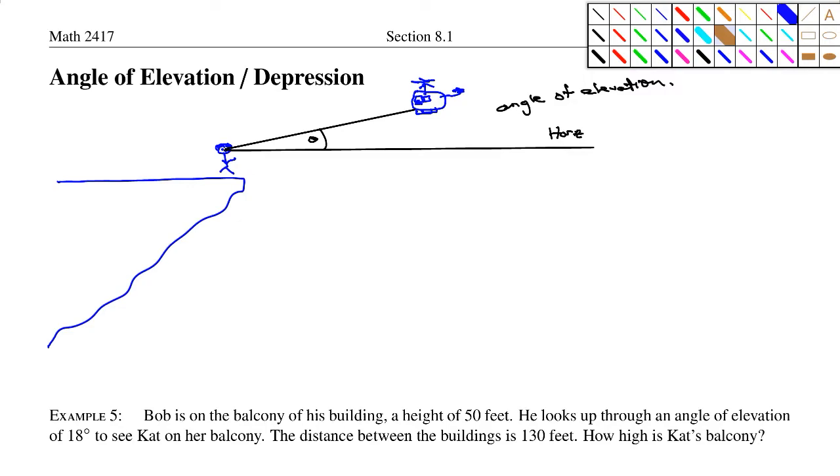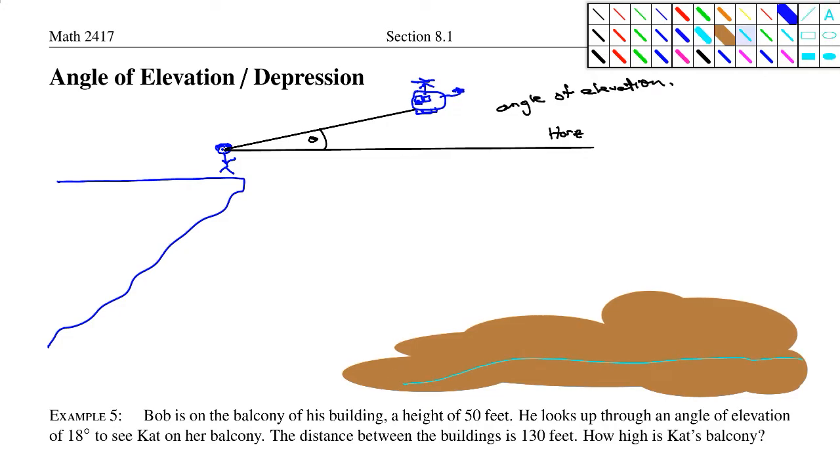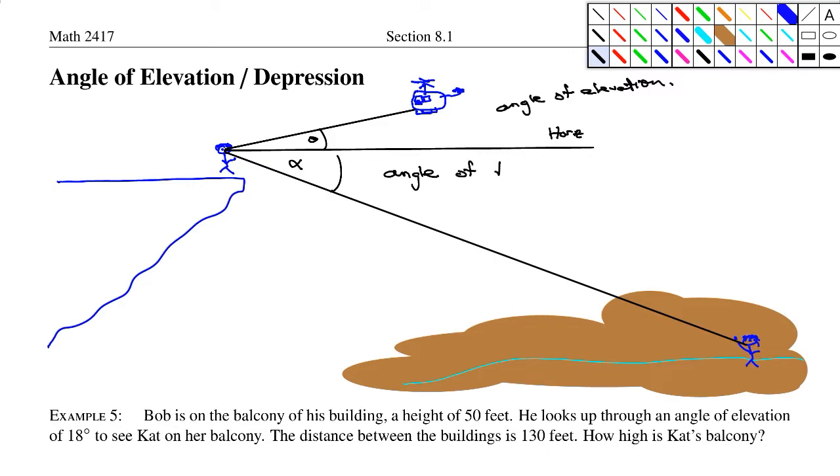And then let's suppose that the same guy sees his friend down below by a river. Then the angle that he sees her with respect to the horizontal, call this an alpha maybe, this is called the angle of depression.